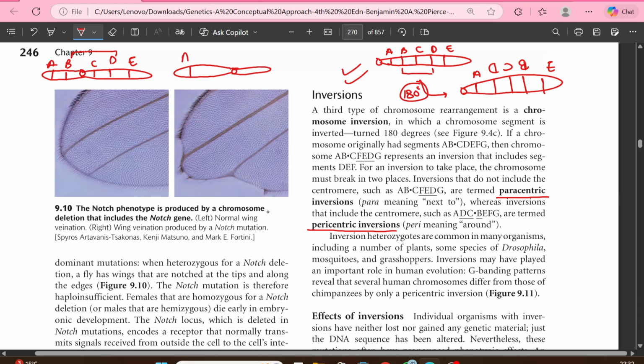So here I have A, then D, C and B, all inverted, and then E. This inversion involved the centromere, so we term it pericentric inversion.